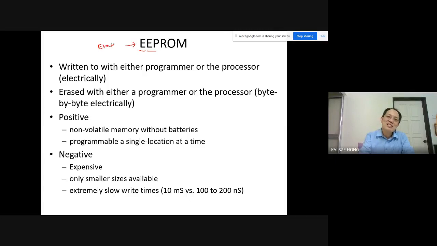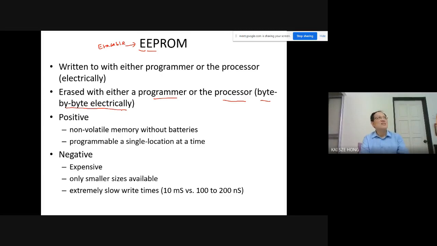It can be erased without the ultraviolet. So it's written to with either a programmer or the processor electrically. So the processor can also write to the EEPROM. It's erased with either a programmer or the processor. So it's byte to byte electrically.